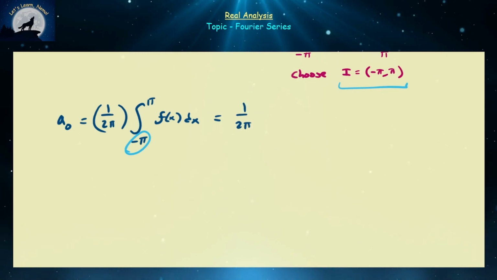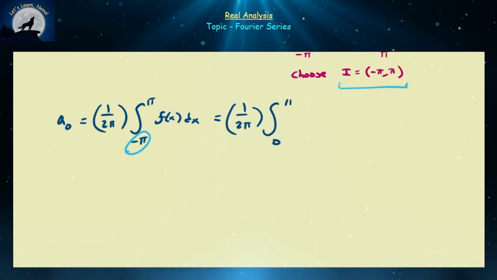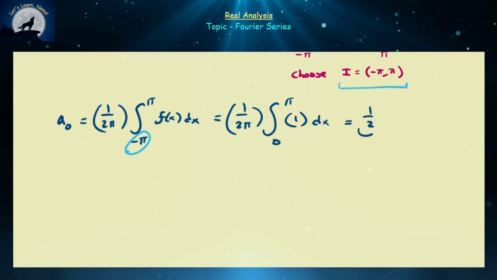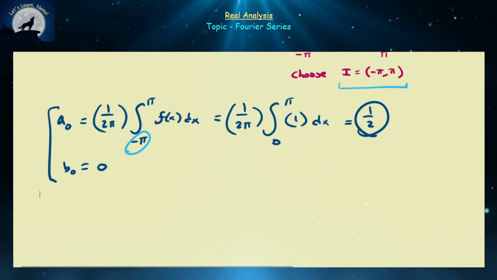So this will just be equal to 1 divided by 2 pi times the integral from 0 to pi of the function defined on that interval, which takes the value of 1 everywhere for x greater than 0. So we know the integral from 0 to pi of 1 is just going to be equal to pi, so we have pi divided by 2 pi, which is just going to be equal to 1/2. So that's what a0 is going to be equal to, and also recall that b0 is always going to be equal to 0 for the standard Fourier coefficients.